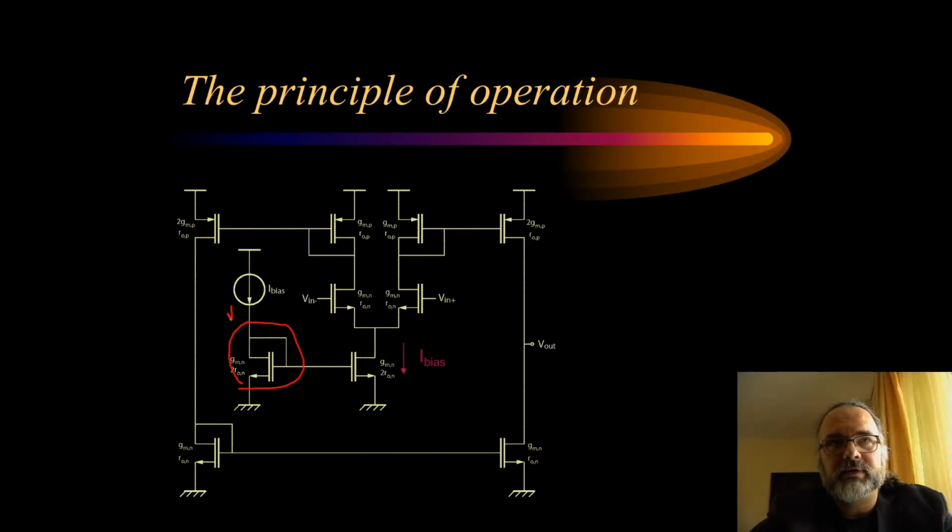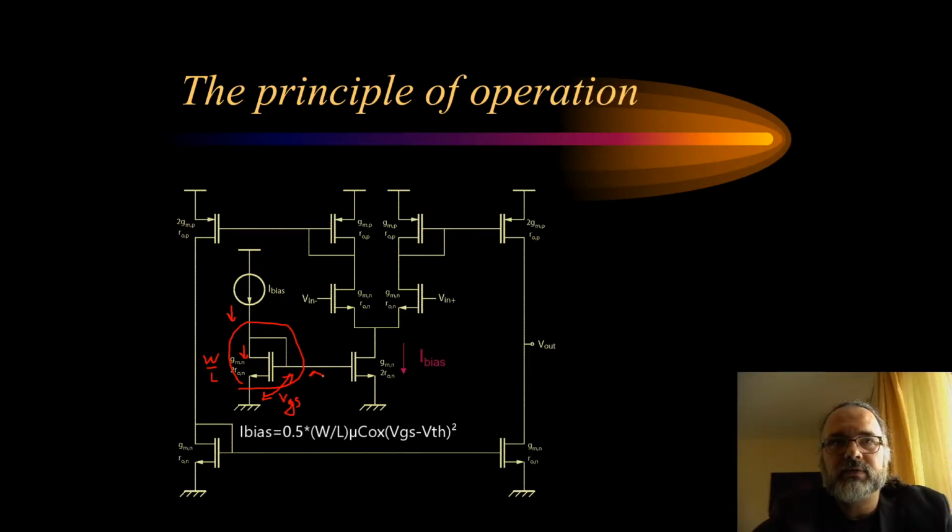So this current supplied from outside gets into this diode connected transistor, and for this transistor to be able to conduct this current to ground, it will have to adjust its gate source voltage to the required value so that this current can flow through the channel, drain source channel. So depending on the size of the transistor, the gate source voltage will be automatically adjusted.